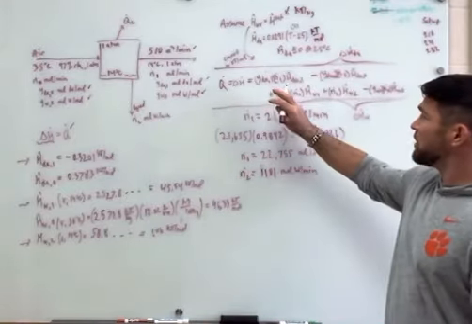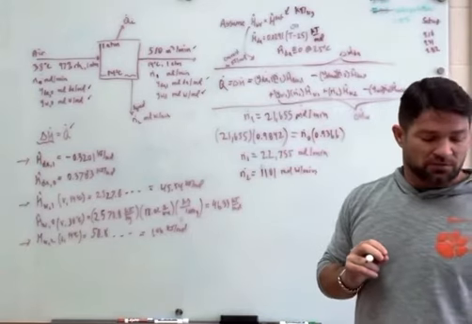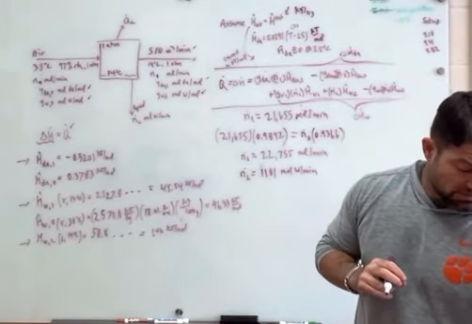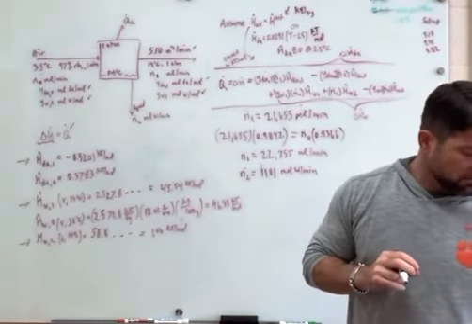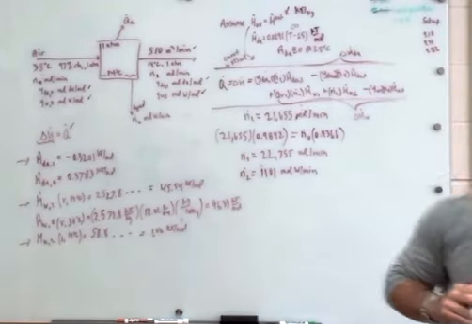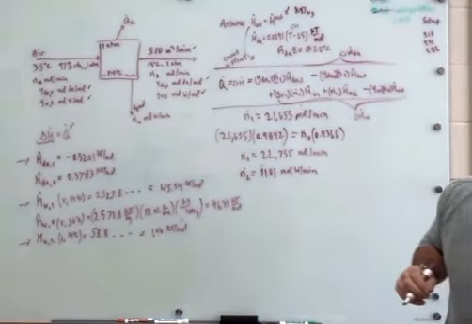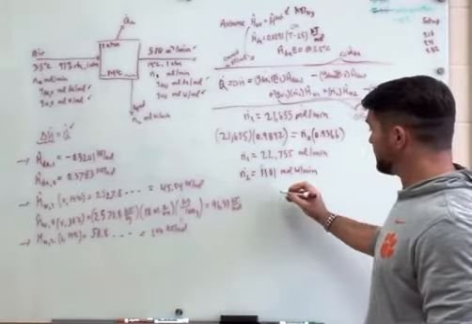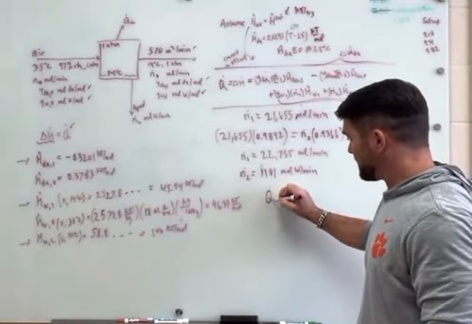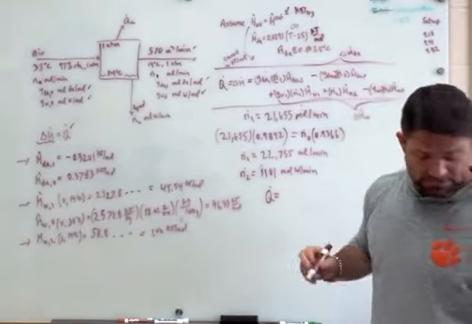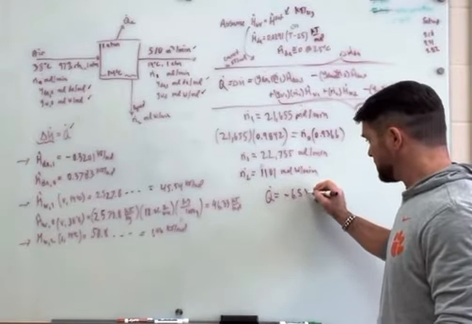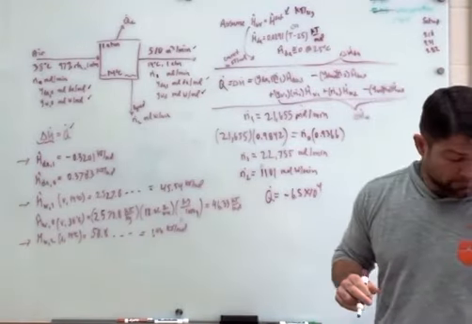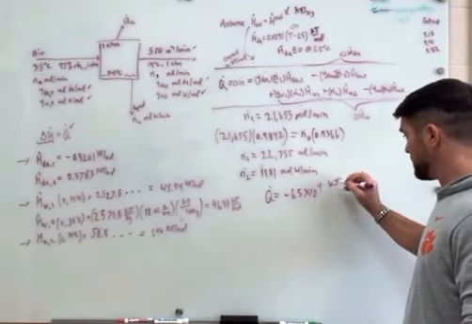If you go ahead and now just plug in all of these numbers that we've already determined, you will get a total cooling rate of Q equals negative 6.5 times 10 to the 4 kilojoules per minute.